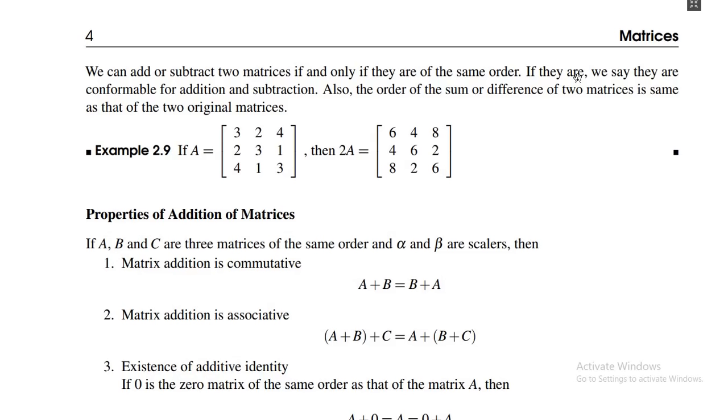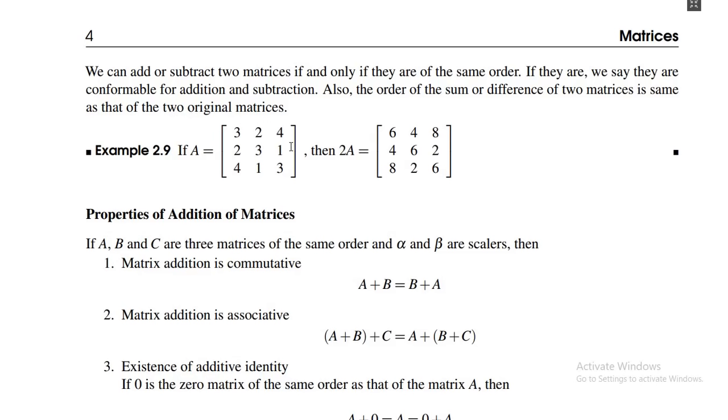Therefore, we say they are conformable for addition and subtraction if their size or their order are the same. Also, the order of the sum or difference of two matrices is the same as that of the original matrices.